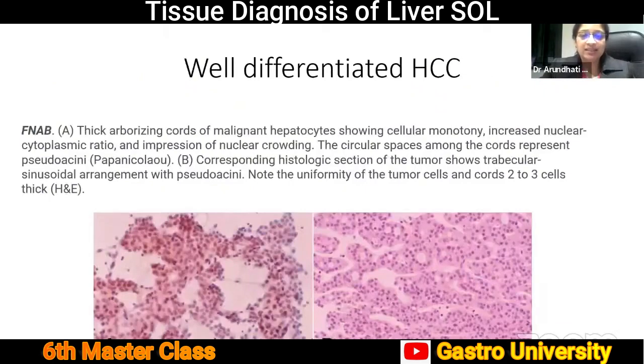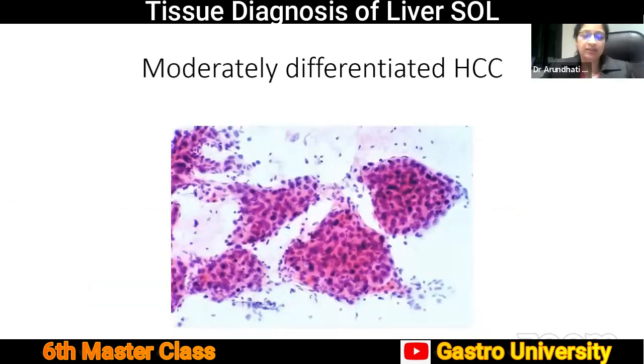So this is a slide that shows a smear and a corresponding biopsy section of well-differentiated hepatocellular carcinoma, which shows thick arborizing cords of malignant hepatocytes that are fairly monotonous, with the spaces that you see in between are the pseudoacini.